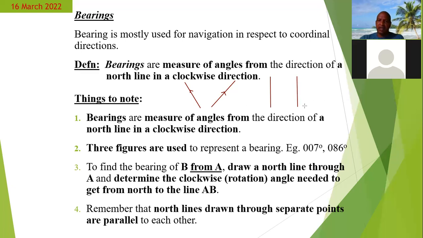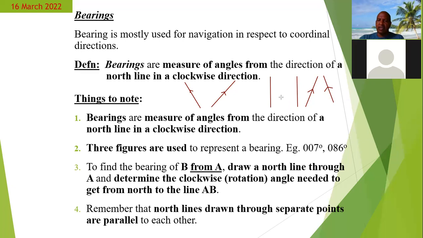Now, if we have two lines that are converging, then it means they are moving in such a way that they may meet at a point. And so lines that eventually meet at a point, we call those convergent lines, all right?